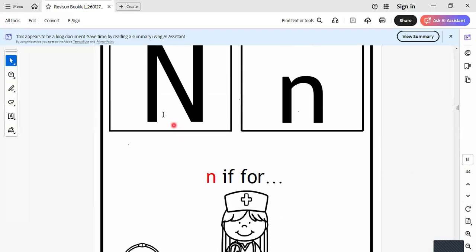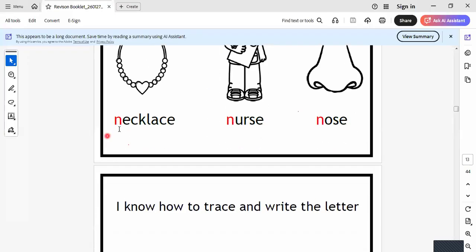Here we say capital N and small n. How can I write capital N? I write capital N like this, and here is small n. Let's continue the rest of the exercise. Here we say necklace, nurse, nose.